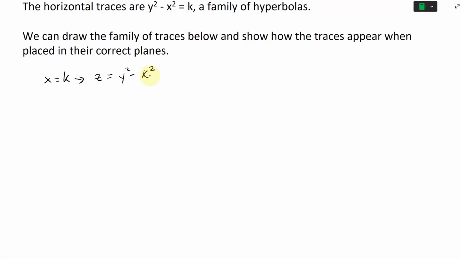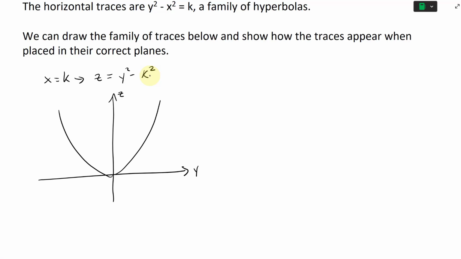If we draw this in 2D, with this as the z-axis and this as the y-axis, at k equals 0 we just have a basic parabola. Remember, the k just shifts it.